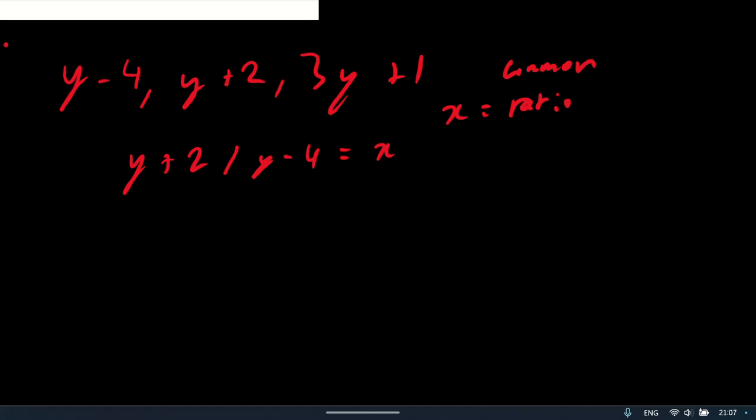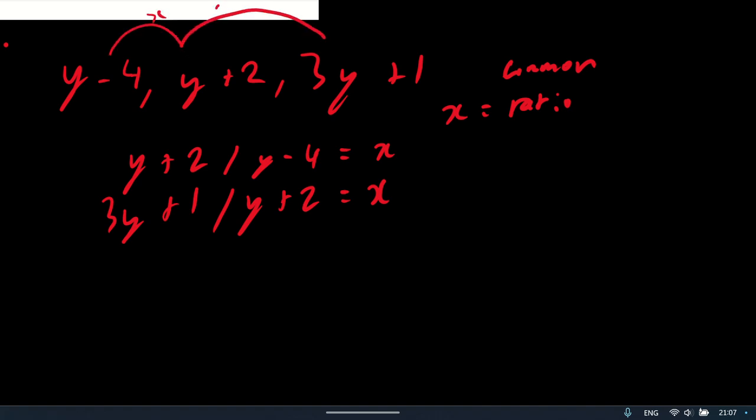So 3y plus 1 over y plus 2 is therefore also equal to x, because you multiply this by x and this by x to get these values. And the common ratio never changes in the cases of GCSE.